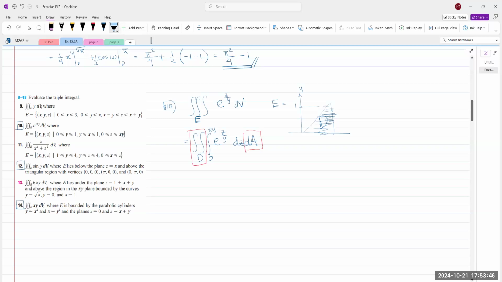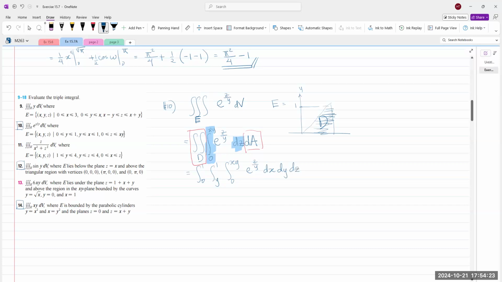Okay, and then the inner integral here is for the dz. Now if you think about that again, the D is basically the integral from 0 to 1, integral from y to 1, integral from 0 to xy, of e to the z over y, dz dx dy.